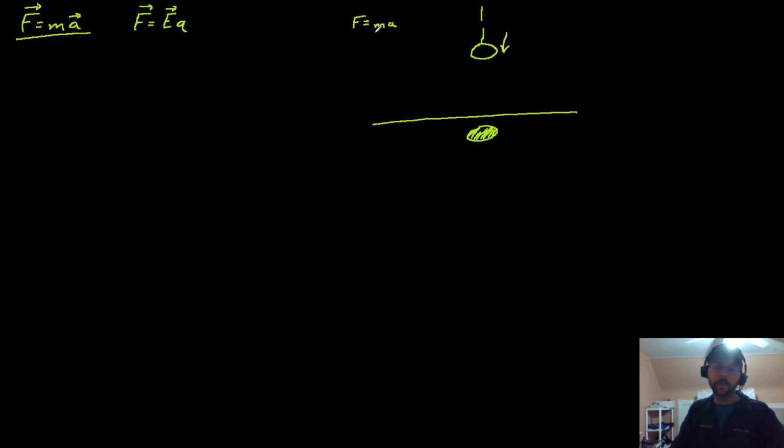So we could say, what's the force on the ball? Well, we would say, what's the mass of the ball? And typically this is in kilograms, if you're using the SI units, which are easier to work with in physics. So let's say this ball was 2 kilograms.